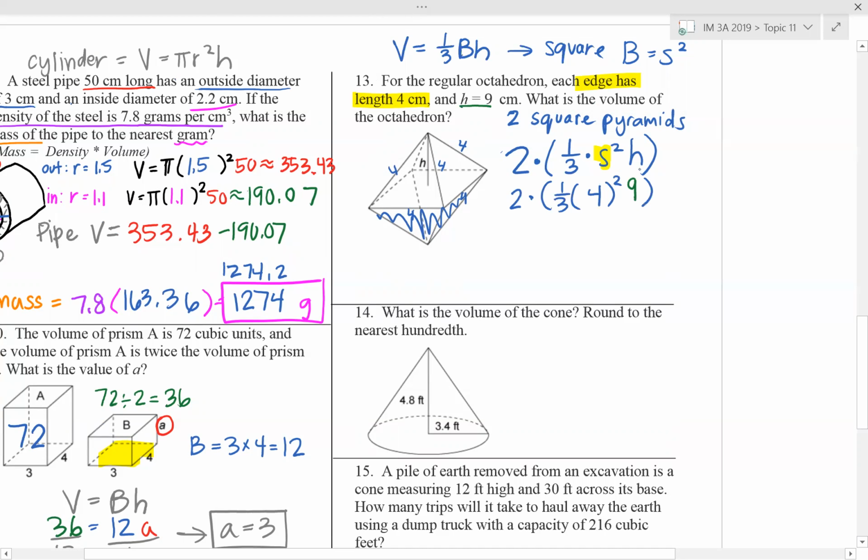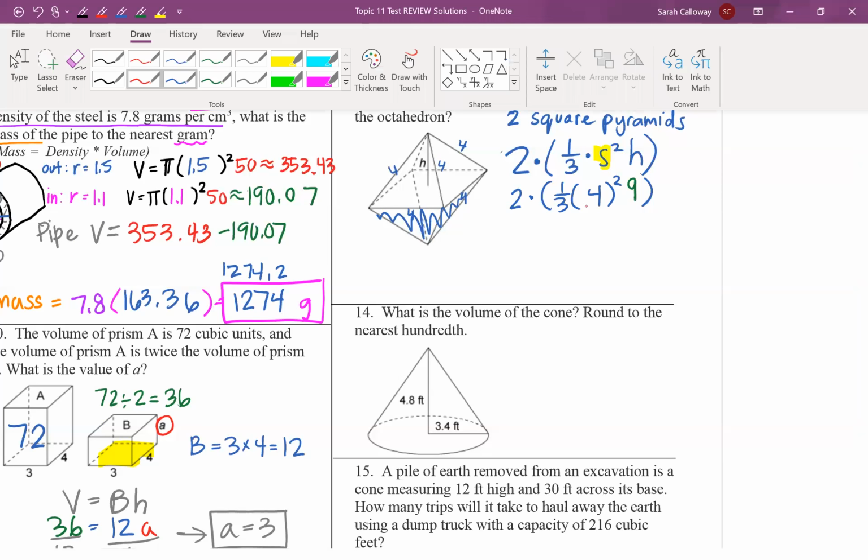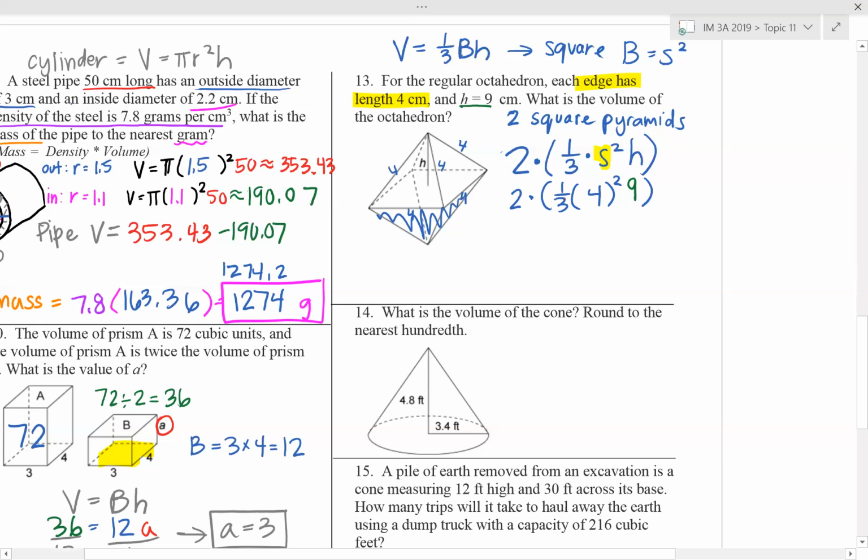Since we have some whole numbers, it's easier to simplify before you multiply. Since I have 1/3 times 4 squared times 9, I can reduce the 9 with the 3 in the 1/3. If I divide those both by 3, I get 3/1. Now I've gotten rid of the fraction, and I just have numbers to deal with. So what I really have here is 2 times 16 times 3 to determine the volume.